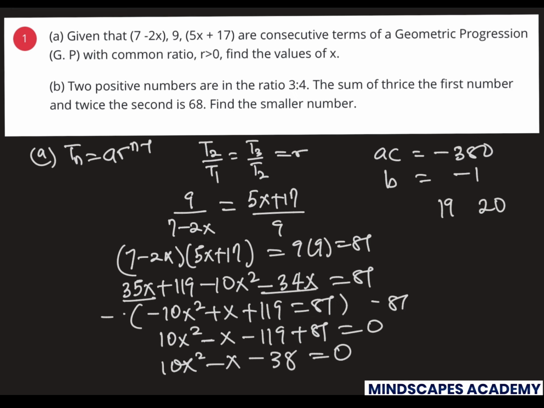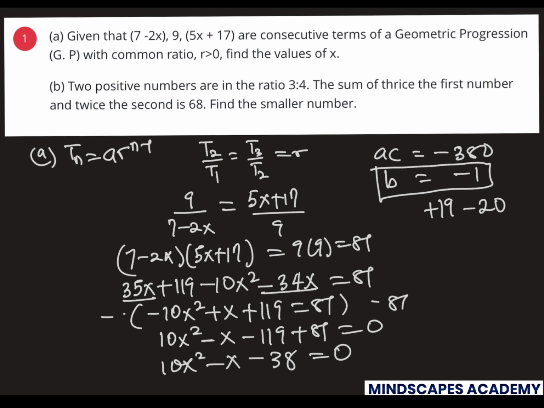To get negative 380, you can either have negative 19 times positive 20 or positive 19 and negative 20. But you should consider this: the sum must give you negative 1. So for the sum to give you negative 1, you have positive 19 and negative 20.